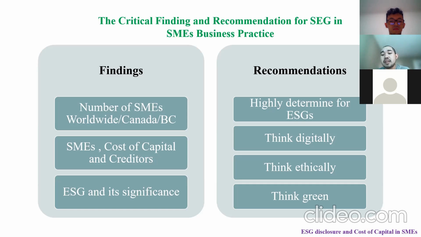And finally, think green, meaning you need to adopt environmentally friendly practices. For example, your logistics, whatever you can do in an environmentally friendly, green way. All of this will make you fall into ESG disclosures.